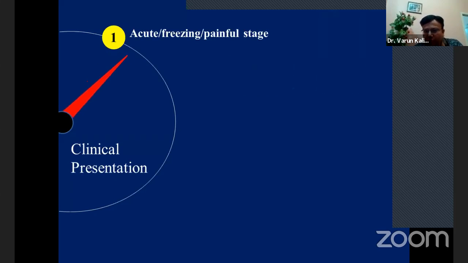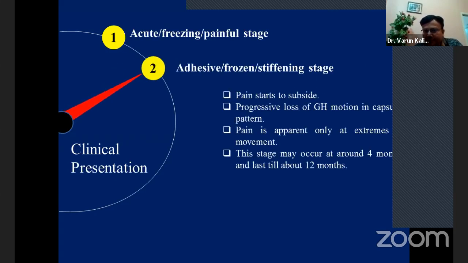In stage 2, the adhesive stage, or we can also say the stiffening stage, pain starts to subside and progressive loss of glenohumeral motion in capsular pattern starts. Here, what is the capsular pattern for the shoulder joint? External rotation, then abduction, and then internal rotation.